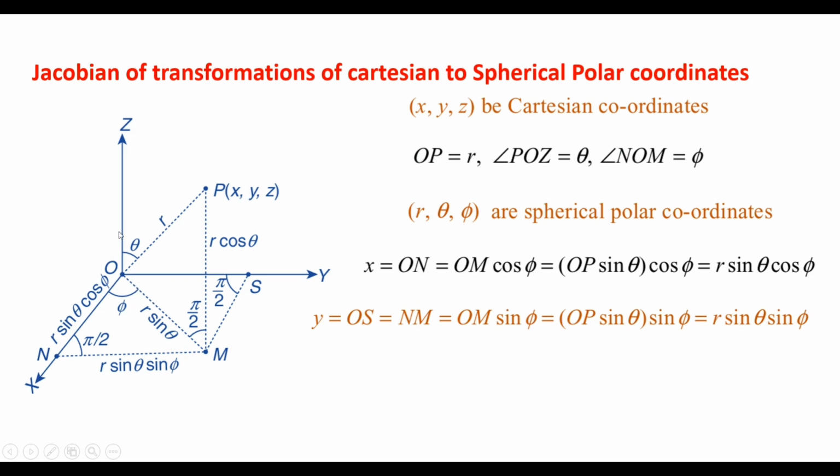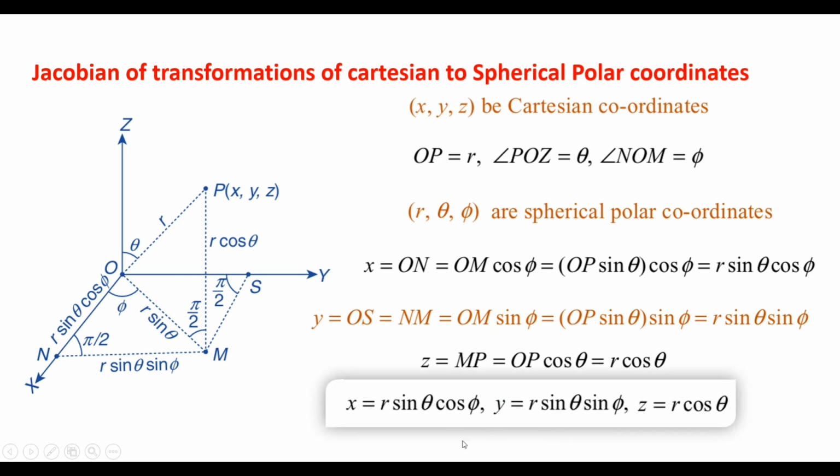OM is also expressed as OP sin theta, where OP is r, so it becomes r sin theta sin phi, that is the relation between y and r, theta, phi. Now you can see z here, the line MP, the distance between M and P, is equal to OP cos theta, where OP is r, so z equals r cos theta.